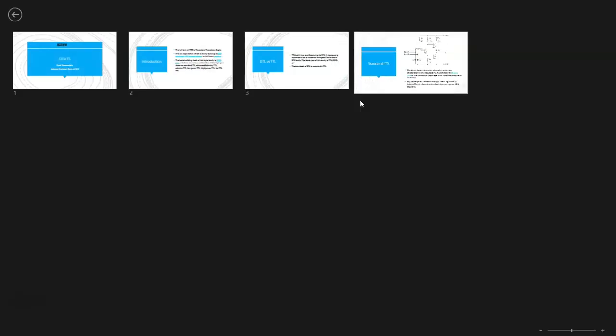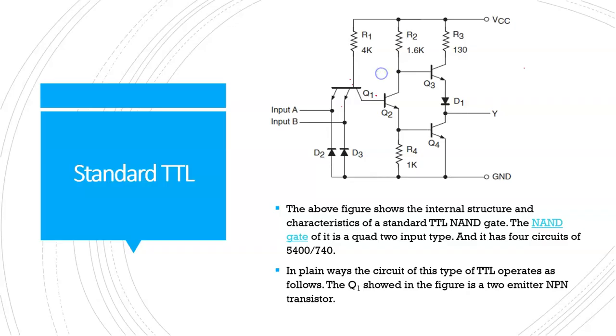Now when both the inputs are high, you know that the property of the emitter is that the current flows out of the emitter.